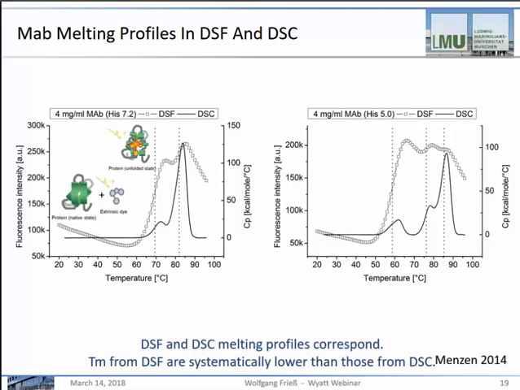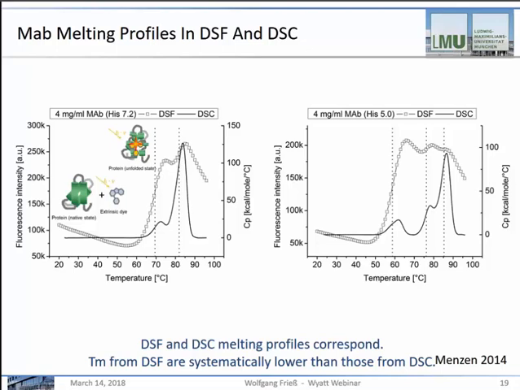Comparing this and doing this at pH 5 on the right-hand side, you see in DSC that we see three different transitions, which are still related to the Fab and Fc part. And you also see a similar trend and effect in the DSF. So overall, these DSF and DSC traces correspond. They're not the same.